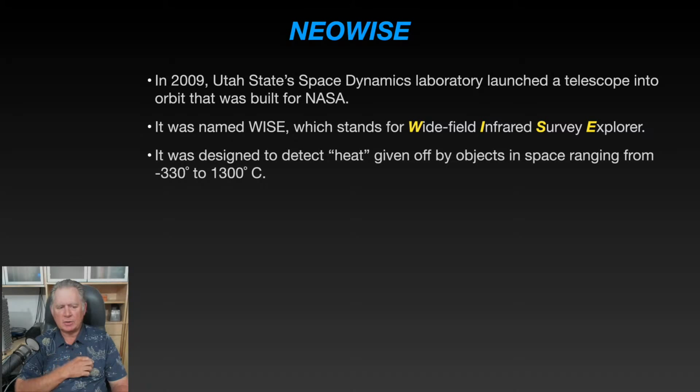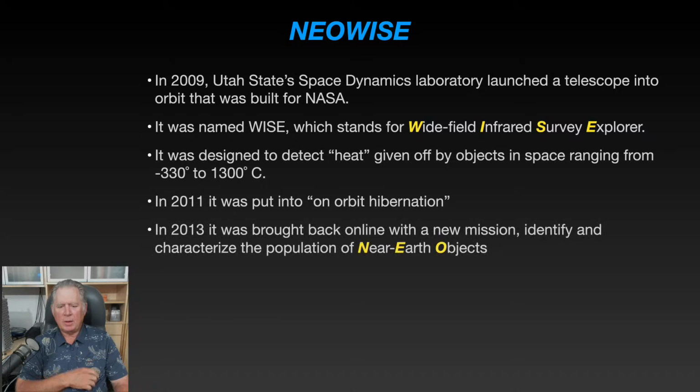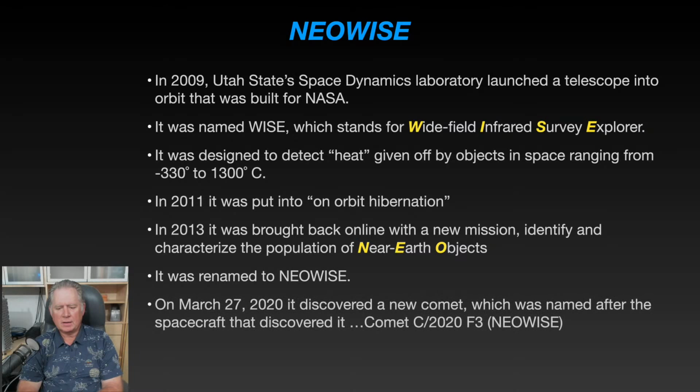I'm not sure how minus 330 degrees is considered heat, but I guess if it's 350 degrees, then 330 would be heat. In 2011, they put it into orbit hibernation, but then in 2013, they brought it back online with a new mission to identify and characterize the population of near-Earth objects. And they renamed it Neowise, and that's where the name comes from.